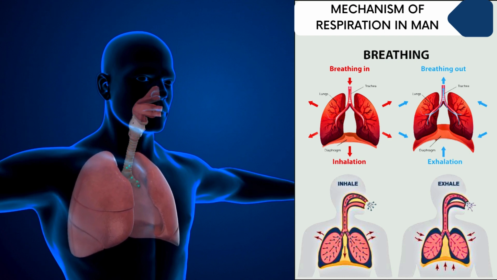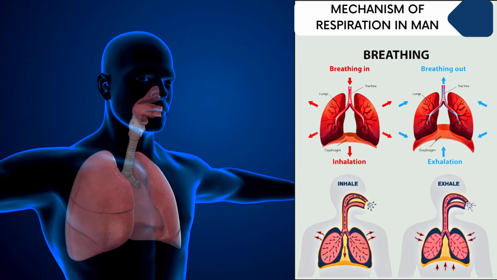This is also called inspiration or inhalation, and the breathing out of air, that is carbon dioxide and water vapor, into the atmosphere or environment is called expiration or exhalation. So the breathing process consists of inspiration or inhalation followed by expiration or exhalation.